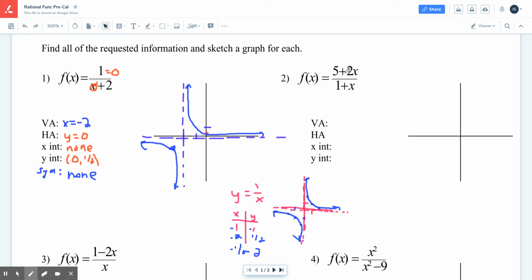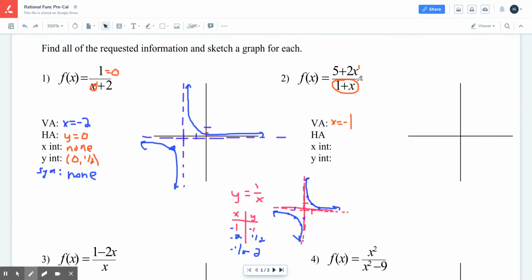So let's look at the second one, and we have (5 plus 2x) over (1 plus x). You're just going to go through step by step, the same thing every time. First, the vertical asymptote. Set the bottom equal to 0. That's going to be x equals -1. For the horizontal asymptote, we look at the degree.